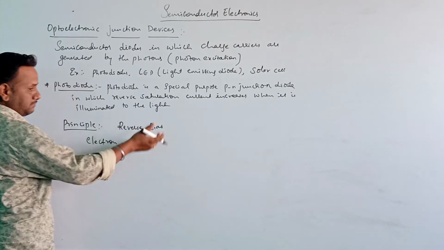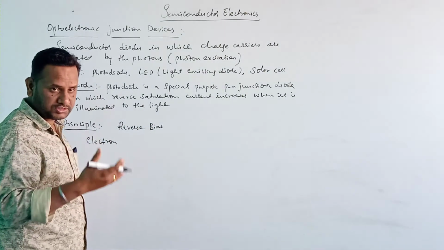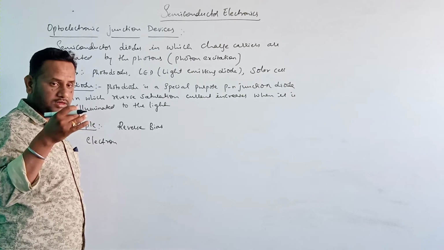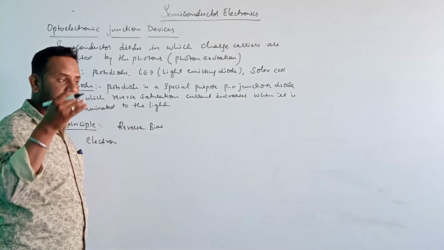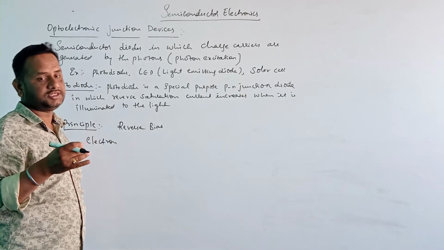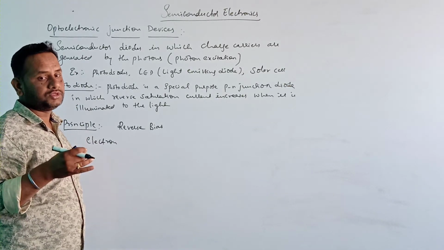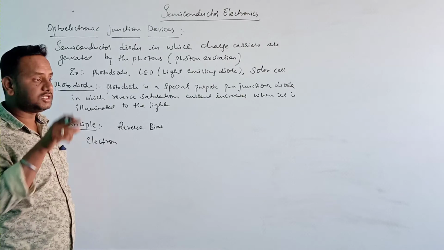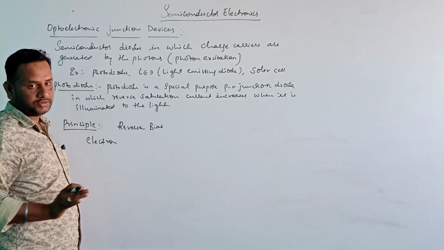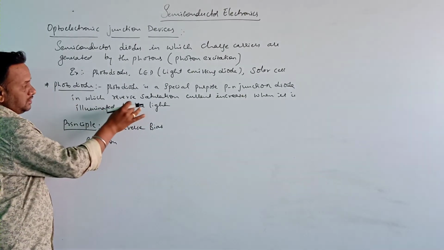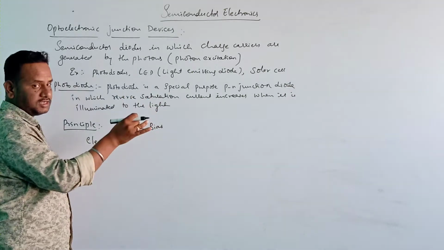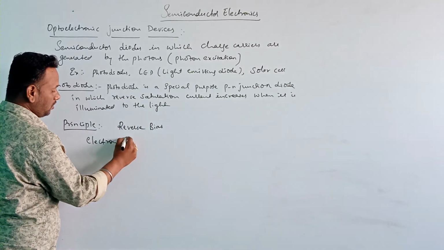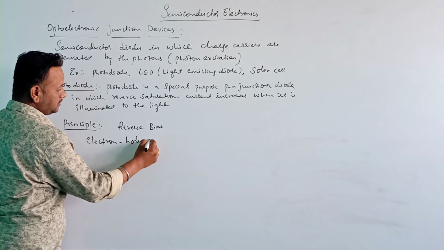When it is reverse biased, there is a small current due to the minority charge carriers. This reverse saturation current is increased when it is illuminated to light. When we make a certain frequency of light incident on it, electron hole pairs are generated.